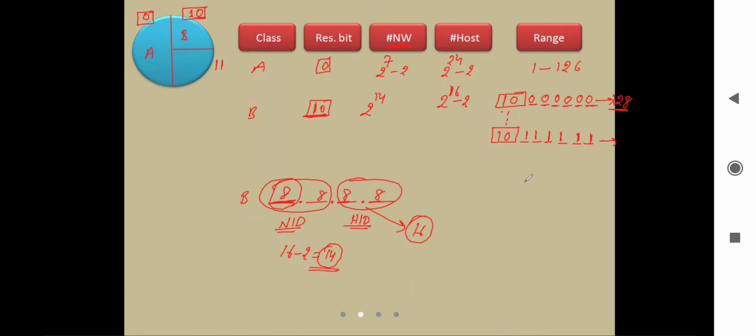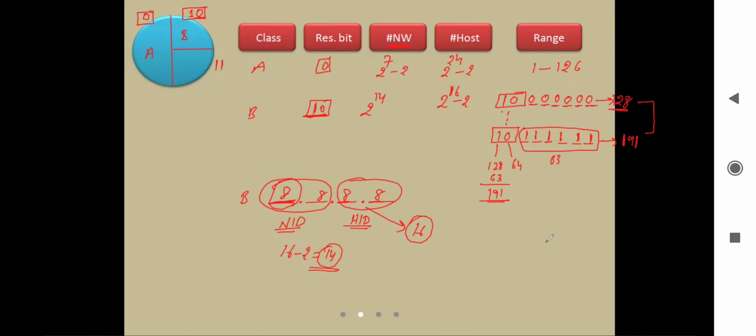The weight for this one is 128, the weight for this one is 64, and after 64 all are 1, which means 63. So we add 63 and 128, and it becomes 191, right? So this is the range for class B. The range for class B is 128 to 191.